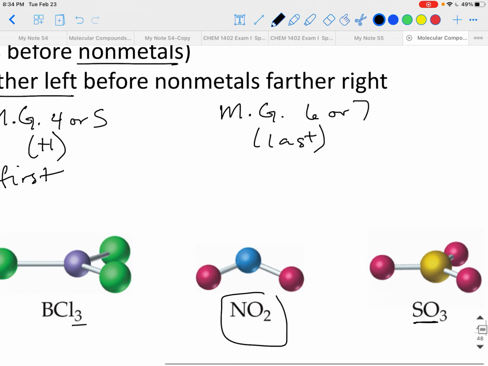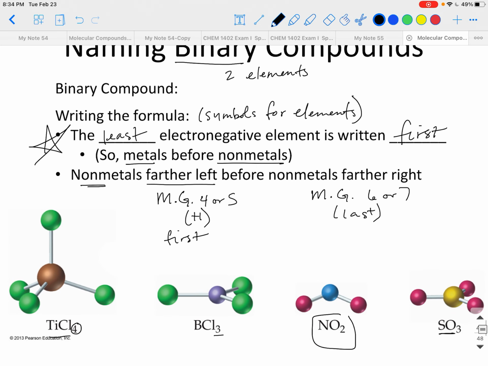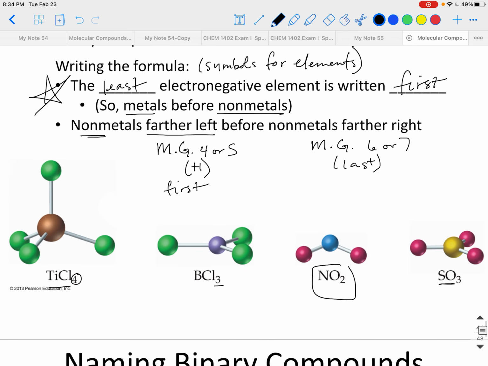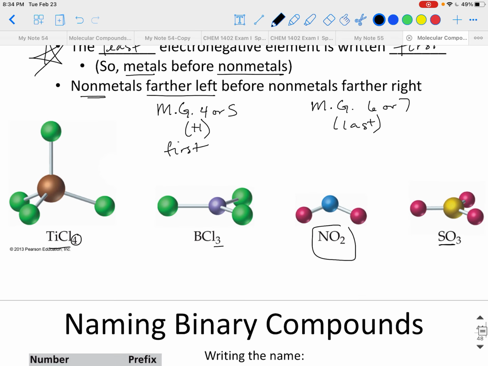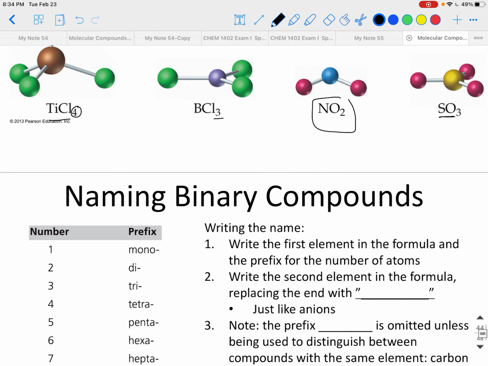So how do you know to write sulfur first, oxygen second? Well, that goes up to the first part right here. Sulfur is less electronegative than oxygen. It's further away from fluorine. So that's why we write sulfur first, oxygen second, okay? So remember, always write the least electronegative element first, the more electronegative element second. All right, so that's formulas in a nutshell.